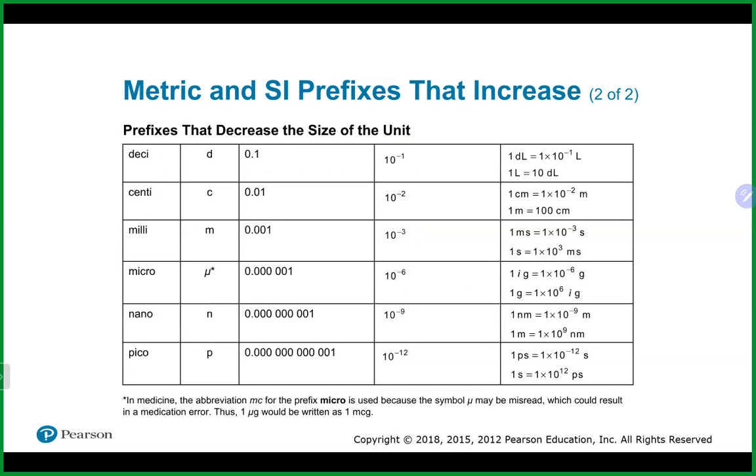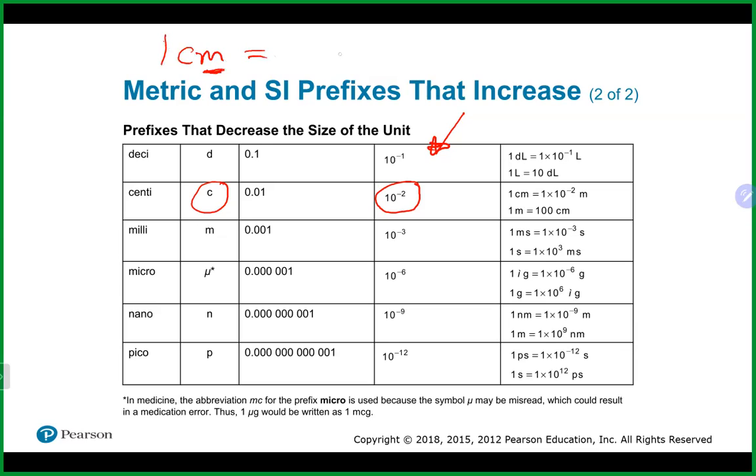If we look at something like centi, which is C, that is 10 to the minus 2. So a reminder that the way this works, when you look at this column here, that is how much there is in the base unit to one of the prefix units. So if I had 1 centimeter, which is the prefix unit, the base unit here would be meters.